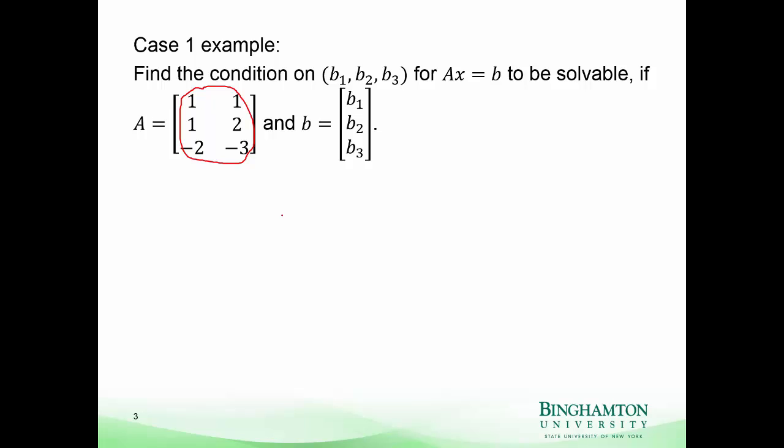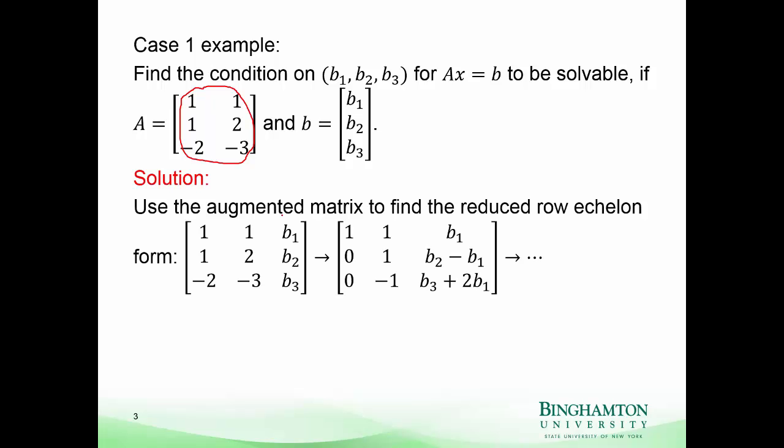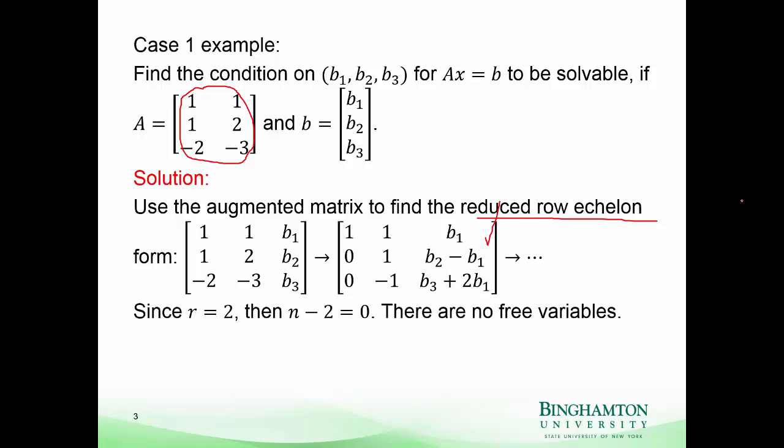But since there's only 2 vectors that span, the column space will be a plane. So there will be some restriction on this. So our solution to this, we can form the augmented matrix and do the reduced row echelon form on that. We end up getting our B structure there, and then we can find out what the requirements are.